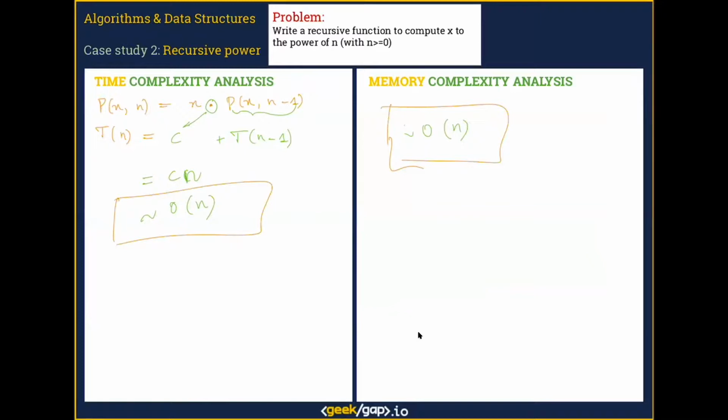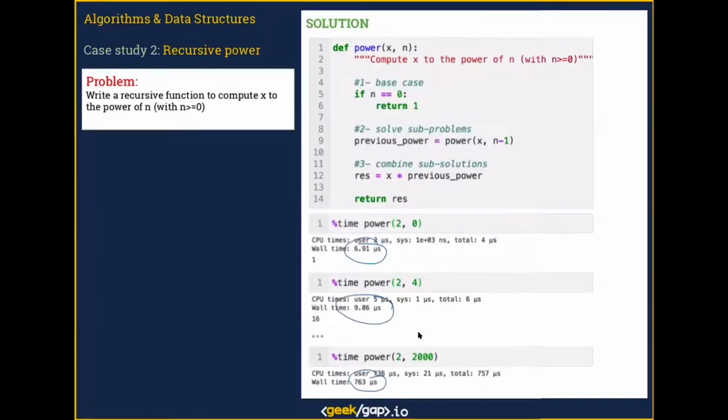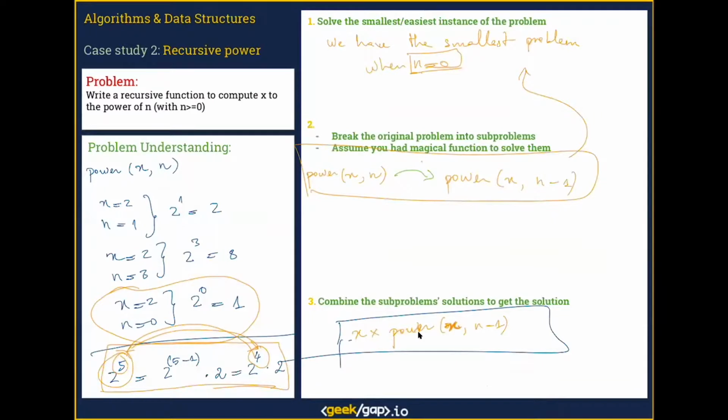Yes, exactly. But in the specific case of the power function, we can do much better. We can have a better solution because for the power, it really boils down to the way we defined it, the type of subproblems that we got here.